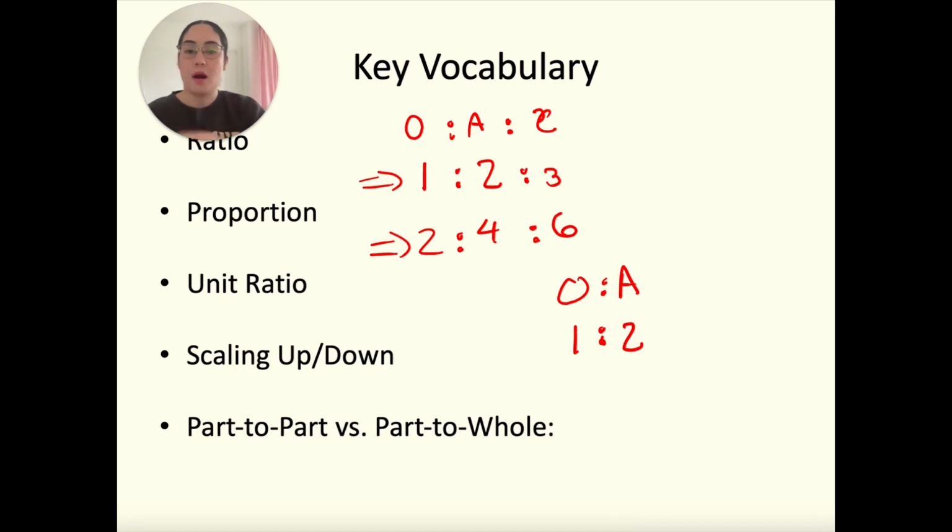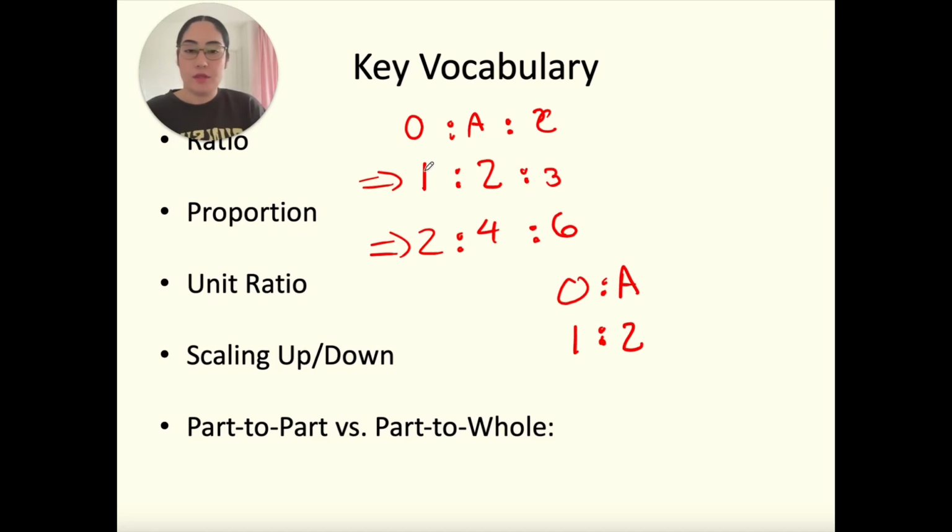Part to part or part to whole: part to part means where you're comparing 2 parts of the same group, and part to whole is when you are comparing 1 part to the total. Going back to this ratio, part to part would be where I'm comparing the orange with apple or cranberry. Part to whole would be where I'm comparing the orange to the whole thing.